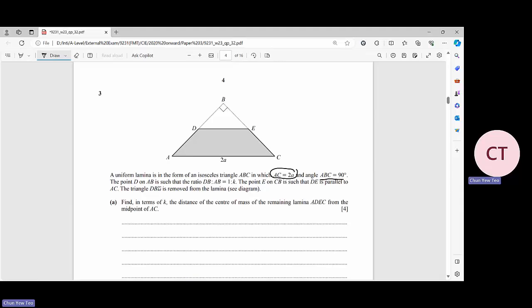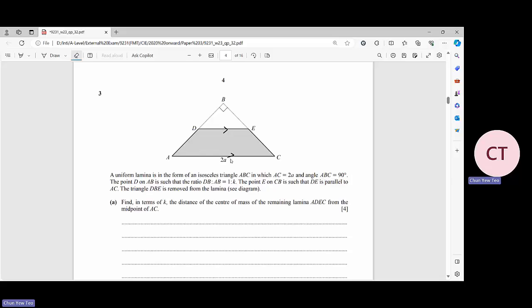The point D on AB is such that the ratio of DB to AB is 1 to k. The point E on CB is such that DE is parallel to AC. The triangle DBE is removed from the lamina. See diagram. Find, in terms of k, the distance of the center of mass of the remaining lamina DAEC from the midpoint of AC.